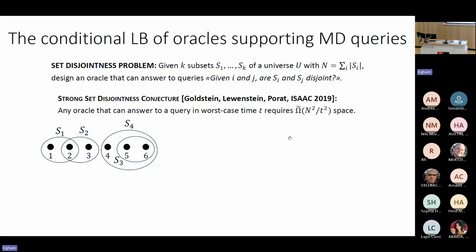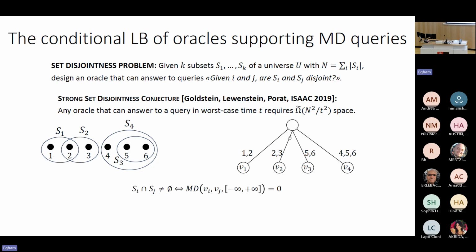And we can use this conjecture to prove that the trade-offs of our oracle are tight up to polylogarithmic factors with a very simple reduction. So we build a temporal star, which has as many leaves as the number of sets of our set disjointness problem instance. Leaf vi corresponds to set Si, and the time labels of the edge that is incident to vi are equal to the elements that are contained in the corresponding set.